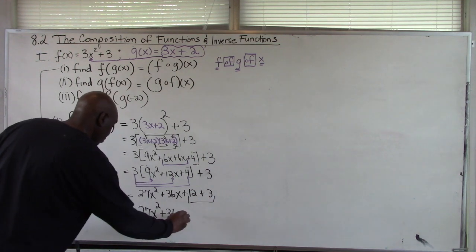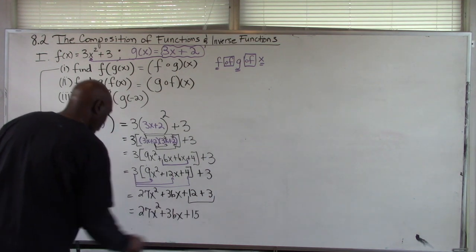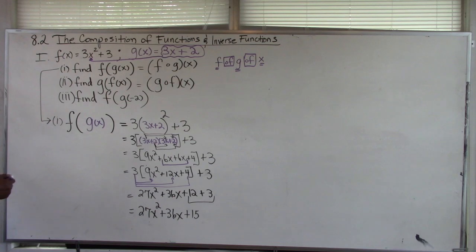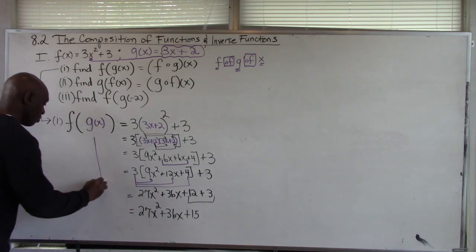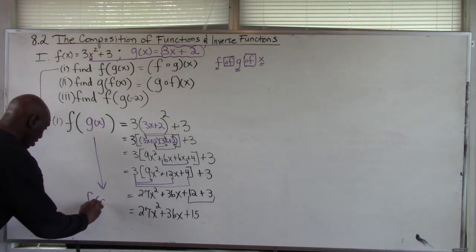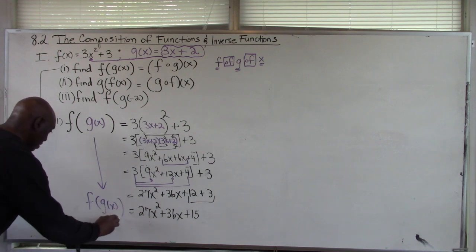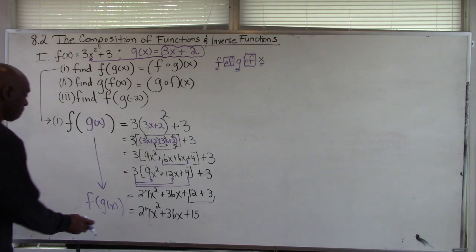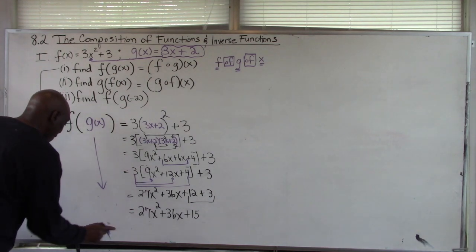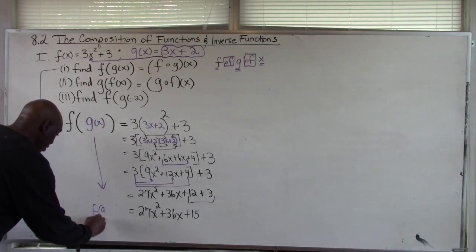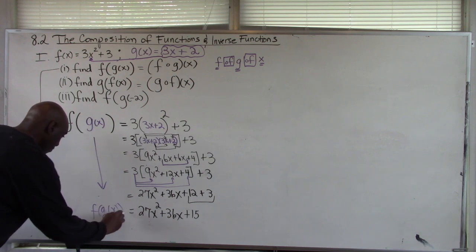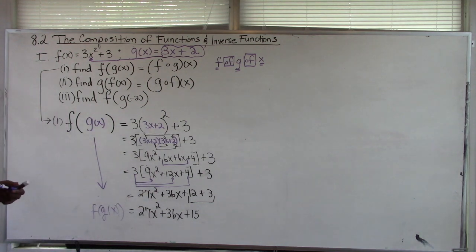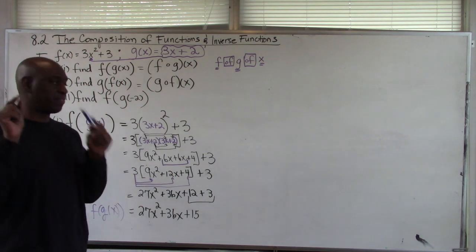And 3 plus 12 is 15. There you go. And this is what f of g of x equals. And there is our answer. That is our f of g of x. It equals 27x squared plus 36x plus 15.